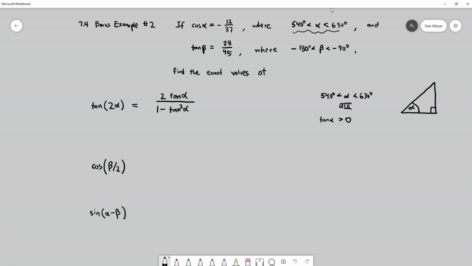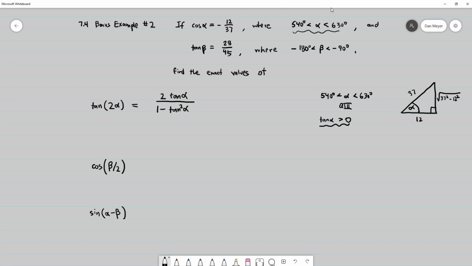But let's figure out what the absolute value of tangent alpha is. In this case, it is going to be what tangent of alpha is. We know that cosine is 12 over 37, so we can write 12 and a 37. And then using the Pythagorean theorem, our opposite side would be the square root of 37 squared minus 12 squared.